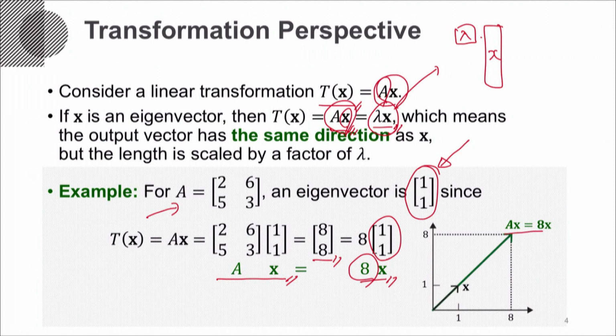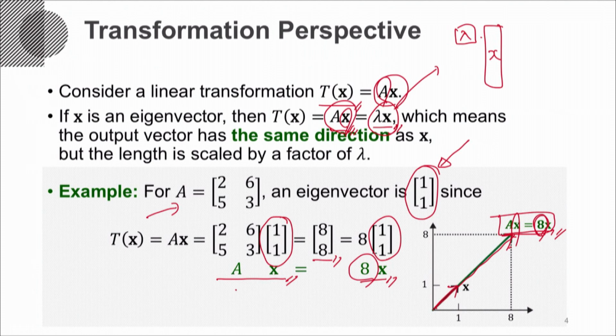So we obtain Ax equals 8 times x when using this particular vector x. Geometrically, this is our input vector, and this is an output vector, which is in the same direction, but the length has been changed by the scaling factor of 8. In this case, the vector x is called an eigenvector, and this scalar value corresponding to the place of lambda is called the eigenvalue.